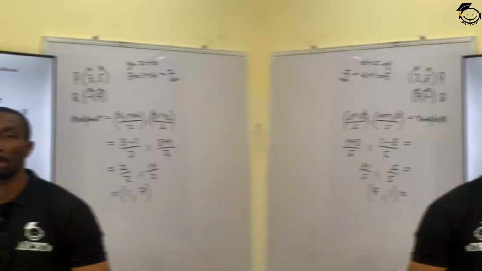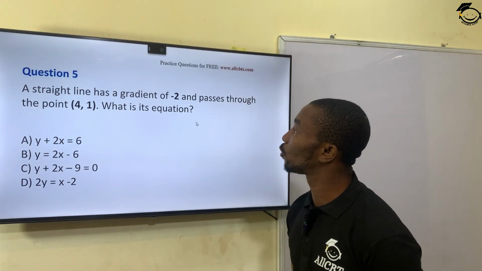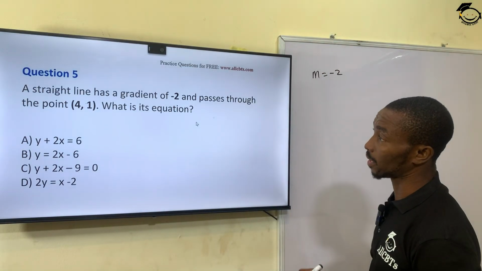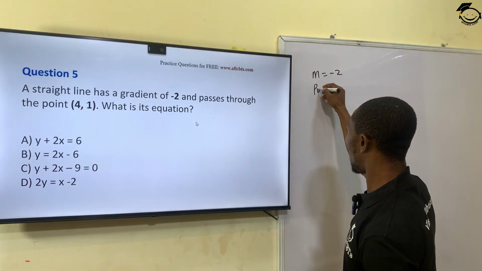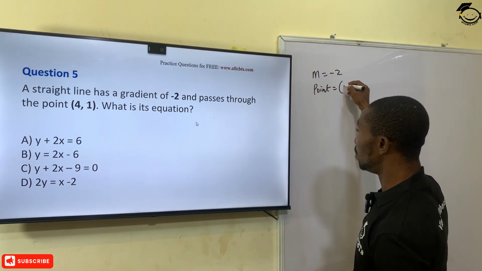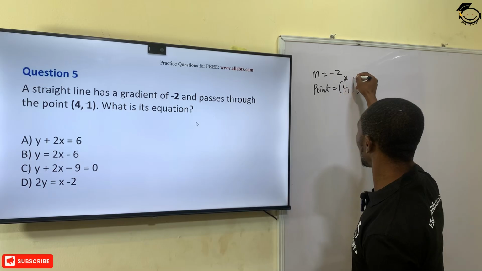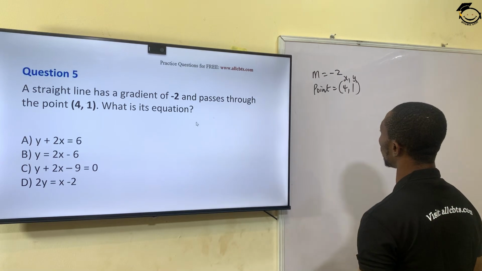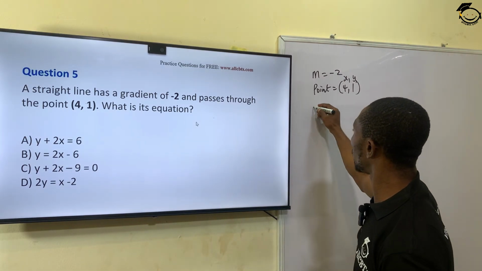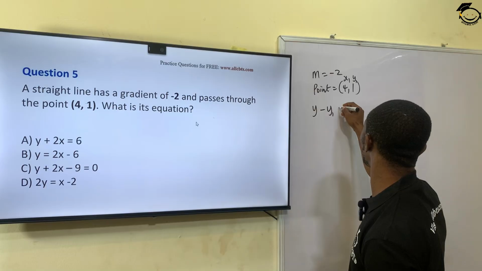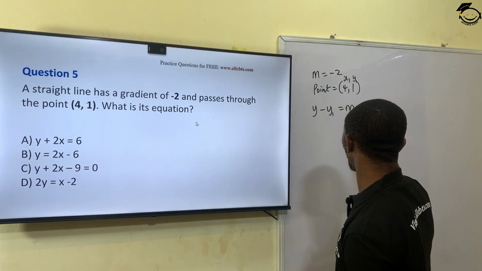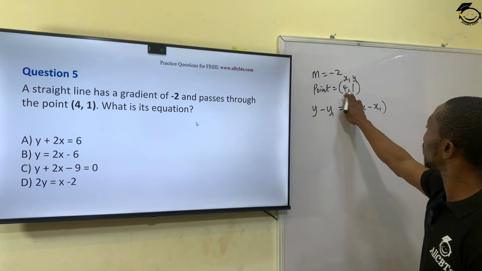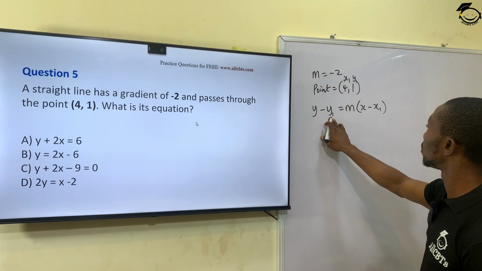A straight line has a gradient of -2 and passes through the points 4 and 1. That is our x and y. What is its equation? Now, for us to find the equation of this, we'll be using y minus y1 equals our gradient times x minus x1, where our x1 is 4 and our y1 is 1.